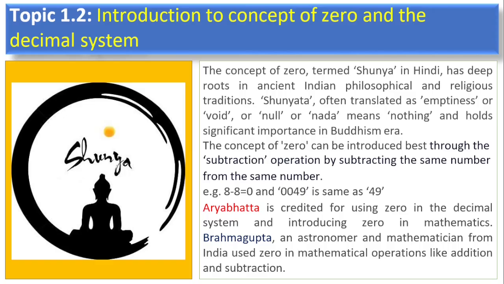So zero, which is shunya as it is called in Sanskrit, is an idea which means nothing, or empty or void. And Indian scholars knew that anything when added to zero gives us that thing again.